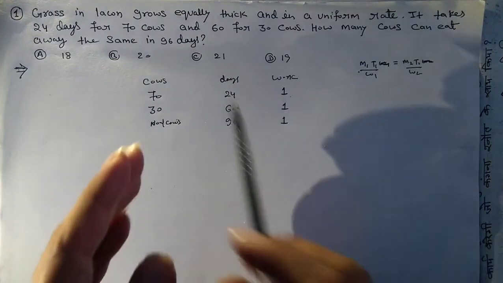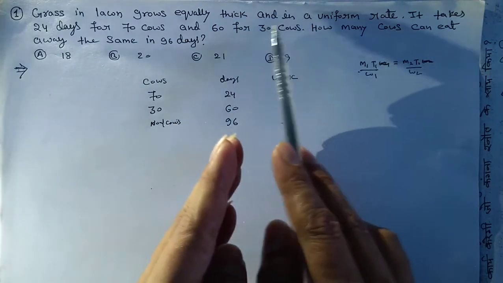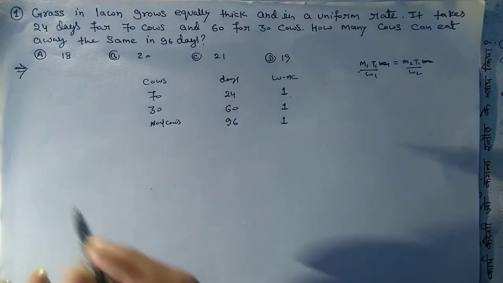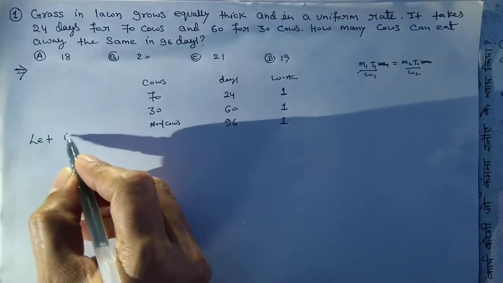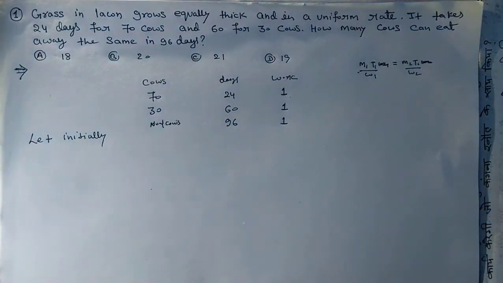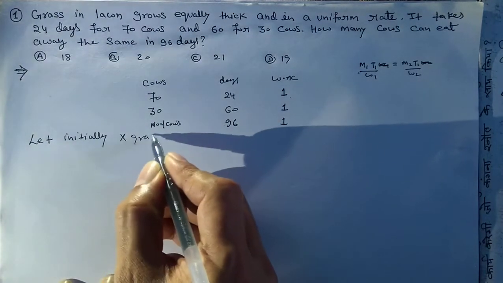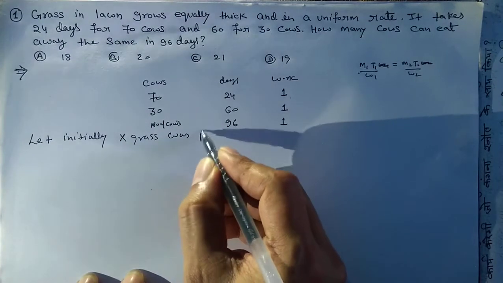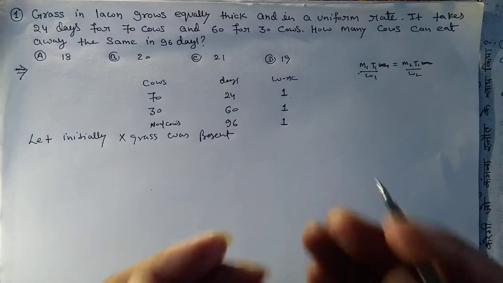So here the logic is, the grass is increasing at a uniform rate. So let initially X grass was present, because daily the grass is increasing.